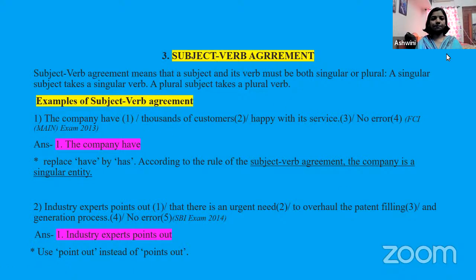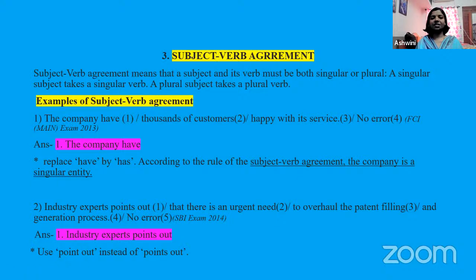So what is that? सब्जेक्ट वर्ब एग्रीमेंट के ऊपर कौन सा क्वेश्चन पूछा है? The company have, यहाँ पे लिखते हैं, 1 2 3 4 सेक्शन दिए गए हैं, और this could be the wrong use of English word is given here. Now replace have by has according to the rules of the subject verb agreement.